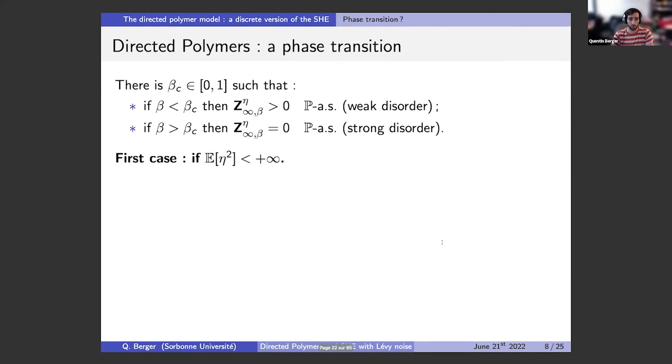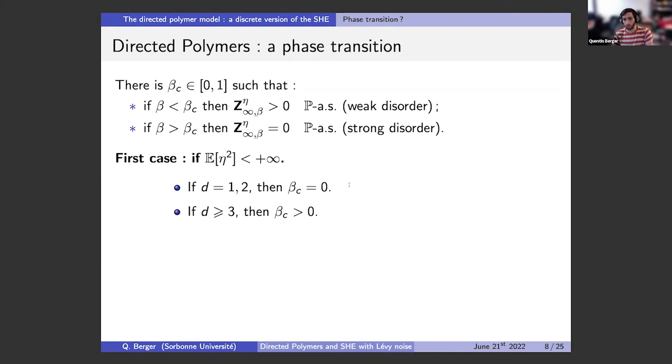This depends actually on the disorder that you're looking at. Remember you have your field of IID random variables. If these random variables have a finite second moment, then you can show that in dimension d equals 1 and 2, the critical point is equal to 0. So it means that as soon as beta is strictly positive, you have strong disorder.